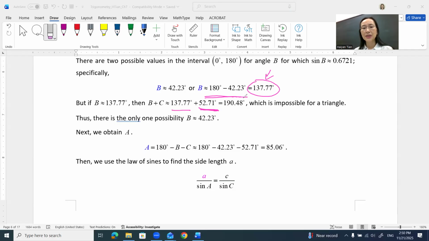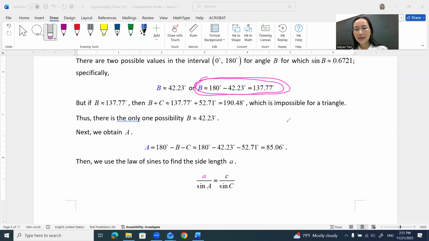If we add this B to that C, it's already over 180 degrees, which is impossible. If these two angles together are already more than 180 degrees, then what is the possible value for A? A cannot be negative. So that excludes the possibility for B being obtuse.